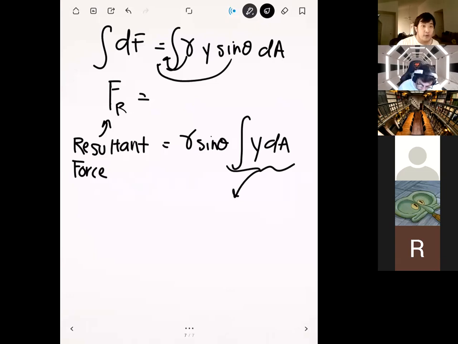This integral is actually very special. It might have seemed strange that we changed h into y, but the reason I did that is so that we can get this integral right here. What's special about it is that this is the first moment of area.